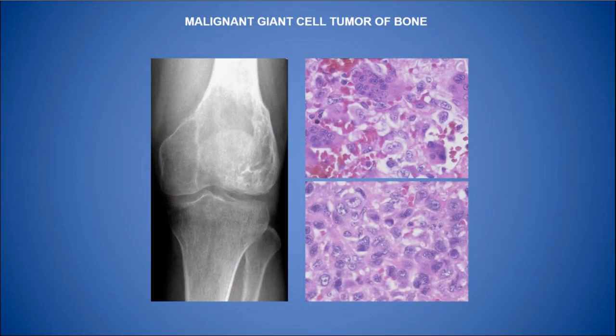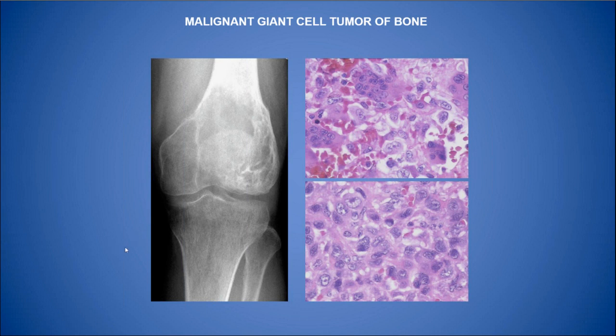Malignancy in giant cell tumor of bone is very rare, but it has been described. It used to occur more commonly when giant cell tumors used to be radiated. They're not radiated anymore, and it can occur de novo. And usually the lesions occur in the same locations as giant cell tumor of bone, but usually show a rather more aggressive appearance on the radiograph, less well-defined margin.